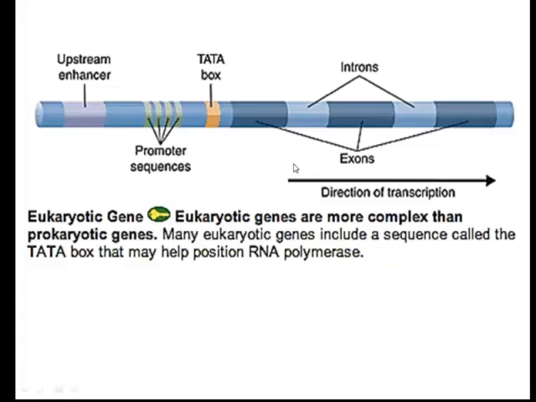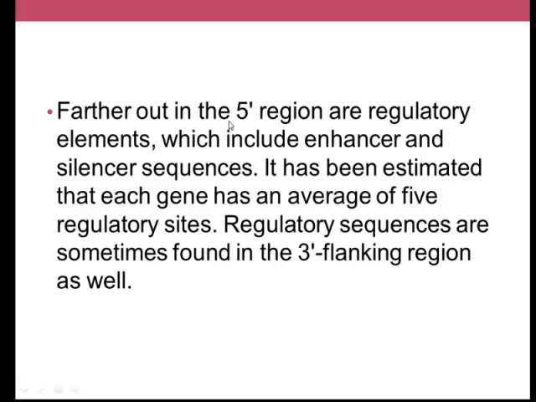As you can see here, this figure illustrates the structure of the gene with introns and exons. Of course, introns will be spliced during the process of protein synthesis, and exons will be decoded. Here you can see the promoter area and the TATA sequence, which is the site of binding for RNA polymerase.